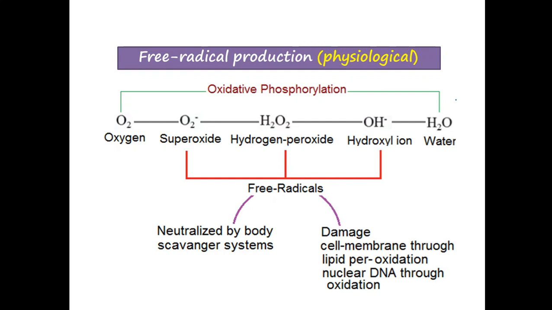If the production of the free radicals is more than the scavenging mechanisms of the body, they will cause damage to the cell membrane by causing peroxidation of the phospholipid bilayer, and they will cause damage to the nuclear DNA through its oxidation.